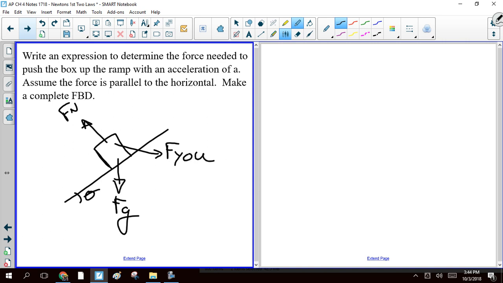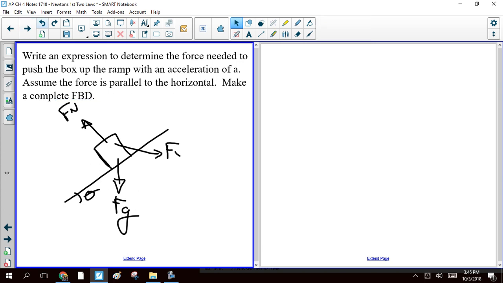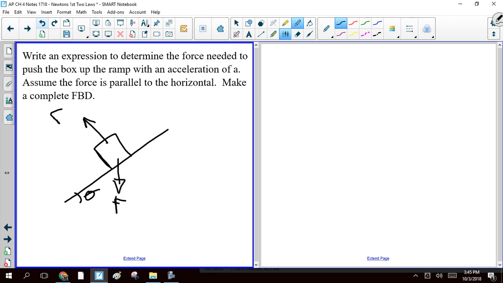Oh, shoot, I did a rotten job drawing that force, didn't I? Oh, darn it. Try again. Fn, Fu. Okay? So now the problem becomes this. We've now got two forces.